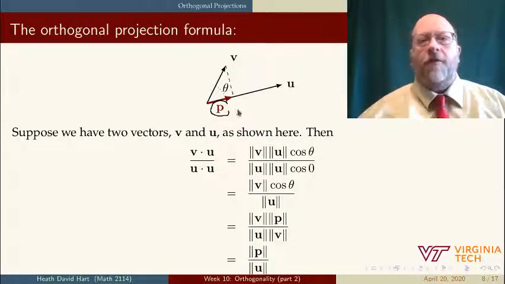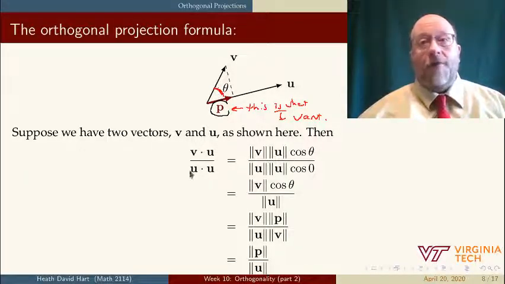And this is the vector that I want to calculate. Well, using the angle formula, we know that the dot product of v and u is the magnitude of v times the magnitude of u times the cosine of this angle theta that's between v and u.